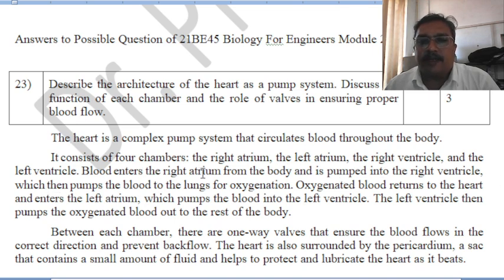The blood enters the right atrium from the body and is pumped into the right ventricle, which then pumps the blood to the lungs for oxygenation. It then returns to the heart into the left atrium, and is pumped into the left ventricle, and the left ventricle then pumps the oxygenated blood out to the rest of the body.